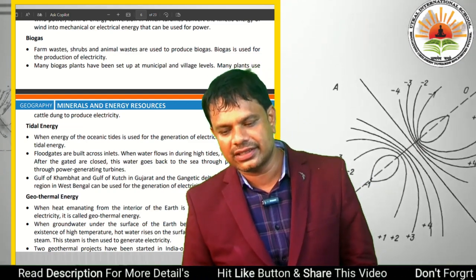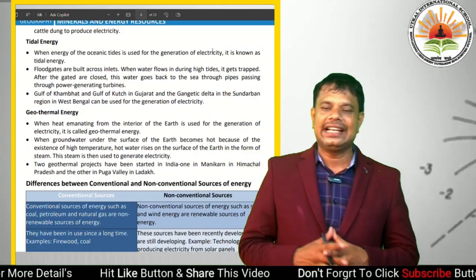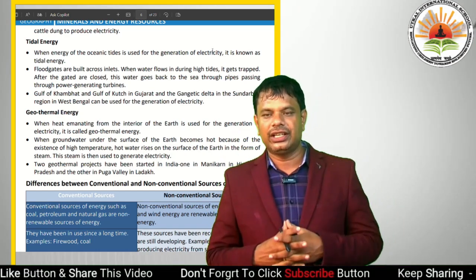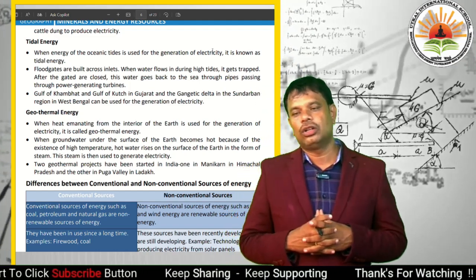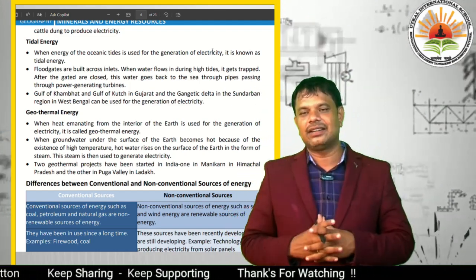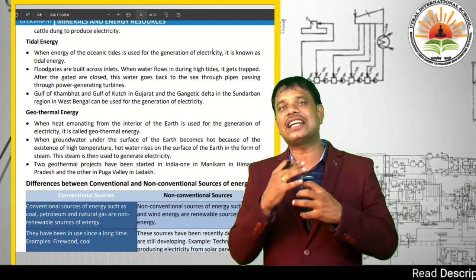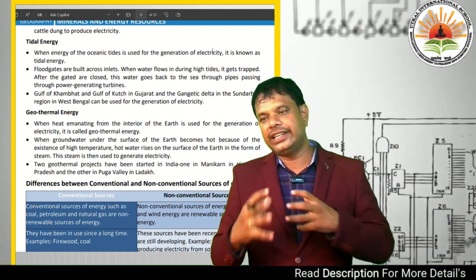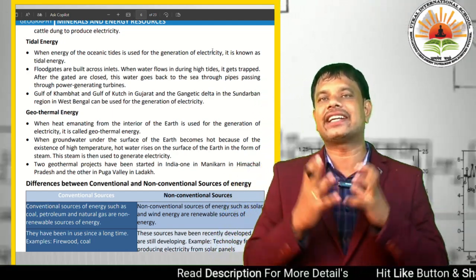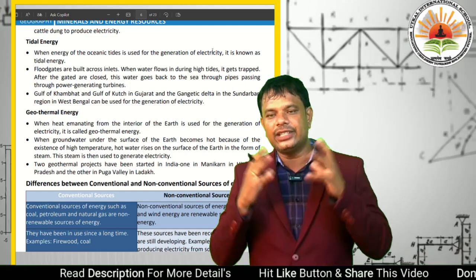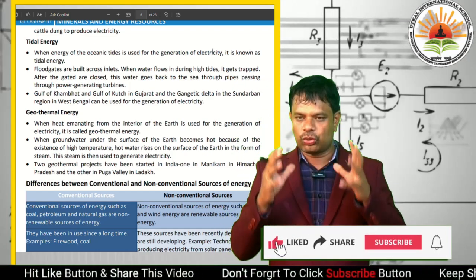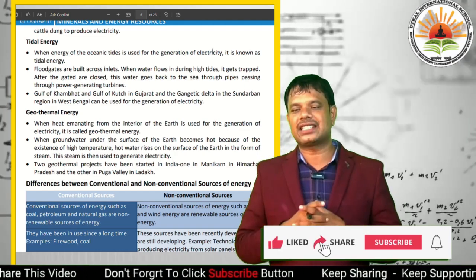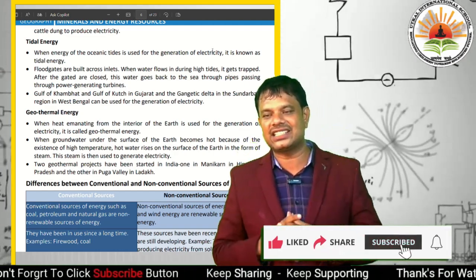Then dear students, we consider tidal energy. When the energy of the oceanic tides, meaning it depends upon the tides of the ocean, is used for the generation of electricity, it is known as tidal energy. Floodgates are built across inlets.